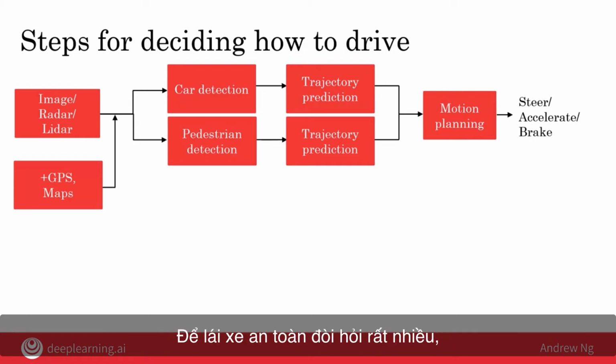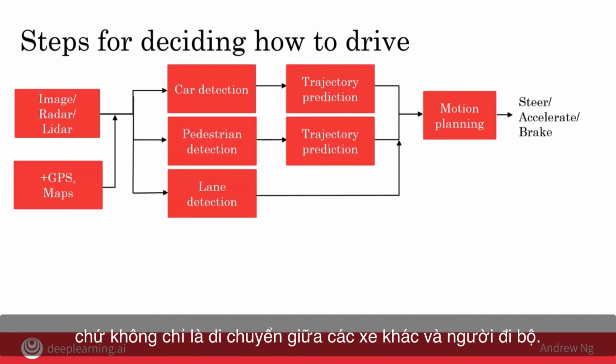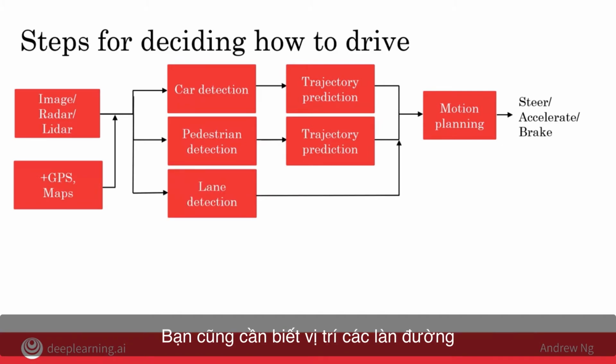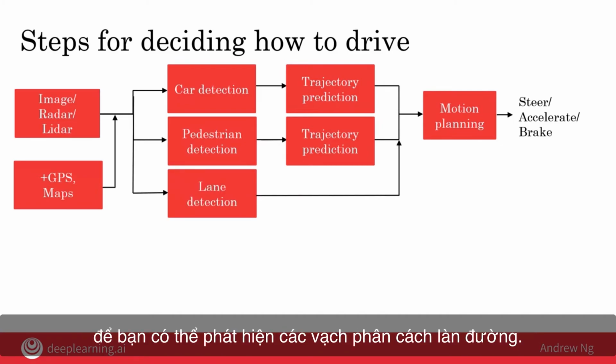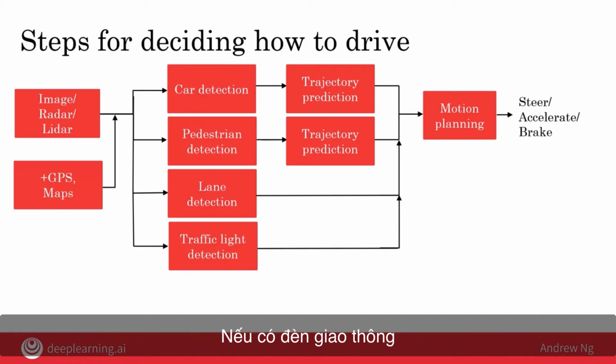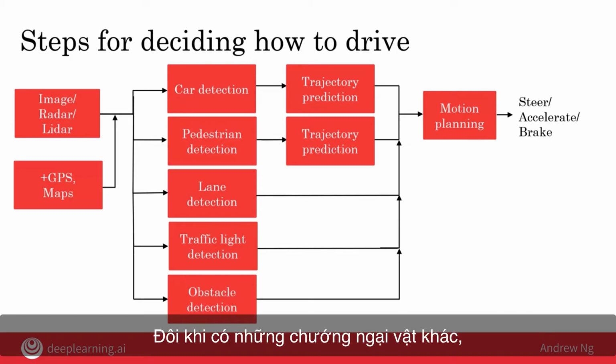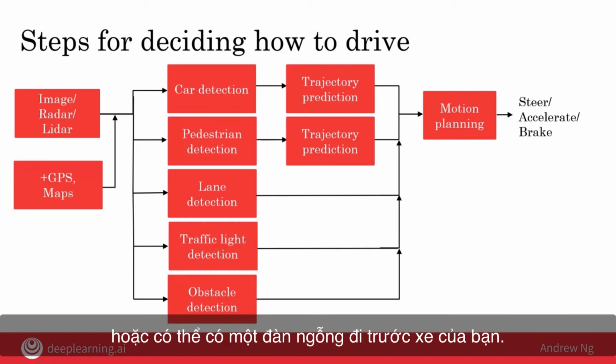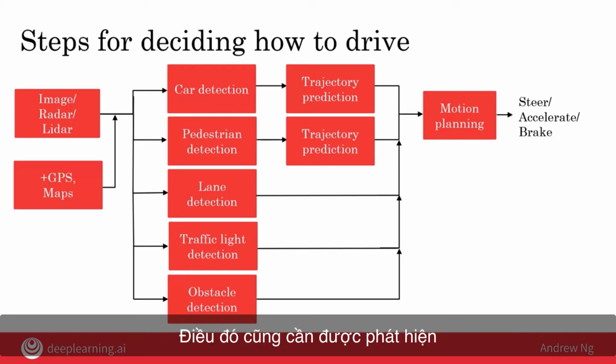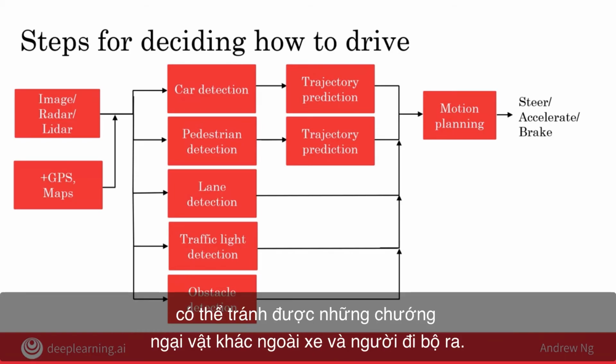To drive safely requires more than just navigating other cars and pedestrians. You also need to know where are the lanes, so you might detect lane markings. If there's a traffic light, you also need to figure out where's the traffic light, and is it showing a red, yellow, or green signal? And sometimes there are other obstacles, such as unexpected traffic cones, or maybe there's a flock of geese walking in front of your car that needs to be detected as well, so that your car can avoid even other obstacles in causing pedestrians.